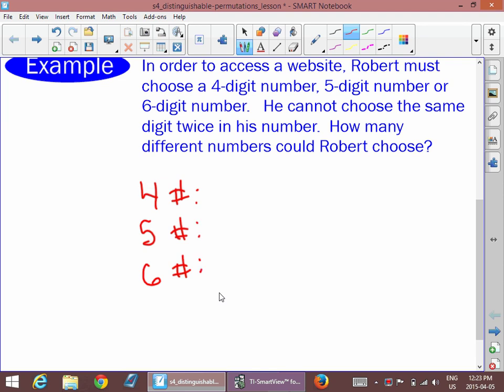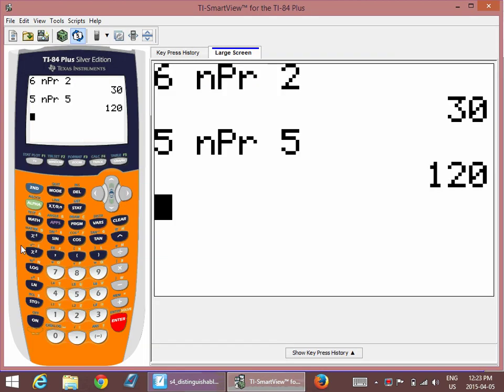How many digits are there to choose from? Well, you can have 0, 1, 2, 3, 4, 5, 6, 7, 8, or 9. In other words, there's 10 digits to choose from. So it's going to be 10 pick 4, 10 pick 5, and 10 pick 6. Let's figure out what those are.